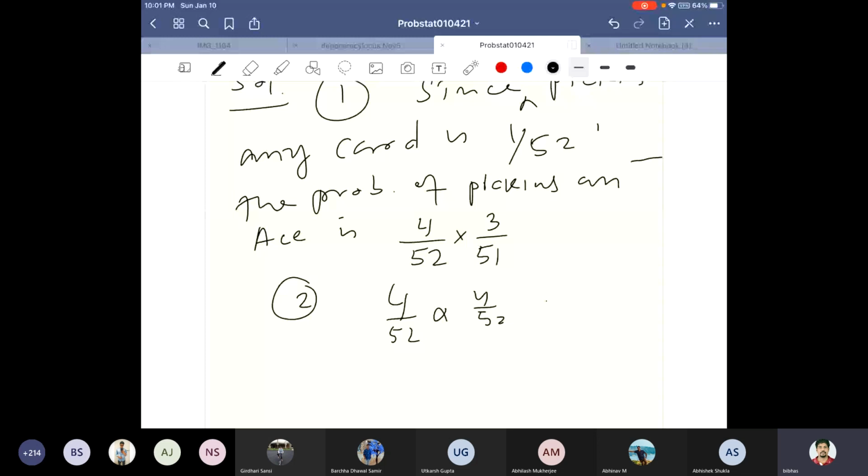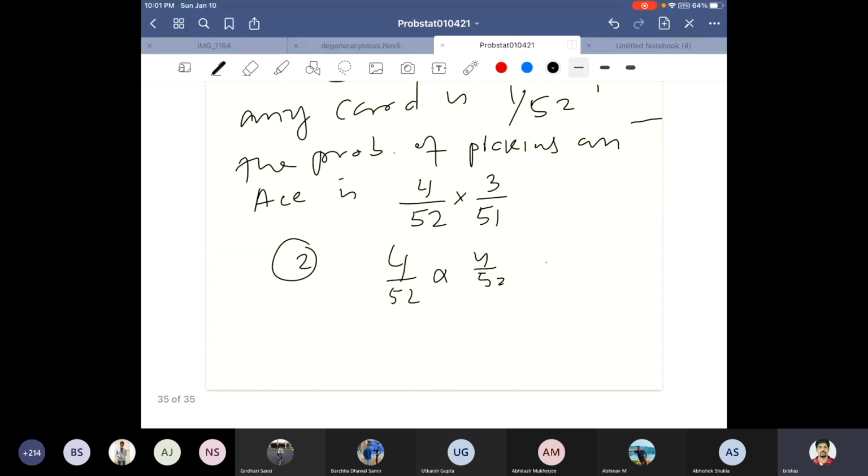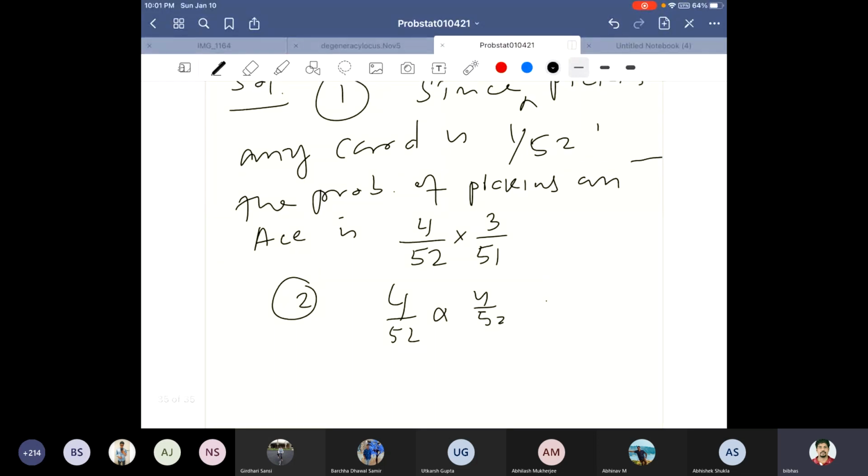Now let's say instead of 2 cards, I am to pick 3 successive cards. And what is the probability that all of them are aces? Okay, so then what do you have to do? The A occurred, so then I have to consider the situation.